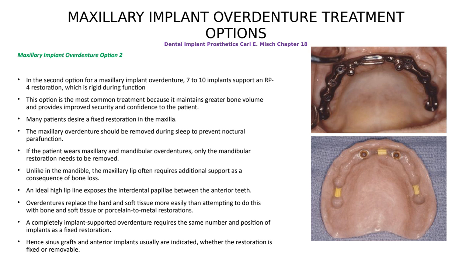The maxillary overdenture should be removed during sleep to prevent nocturnal parafunction. And that's very important. The patient has to be instructed to remove the overdenture during sleep, because that interferes with the temporomandibular joint.